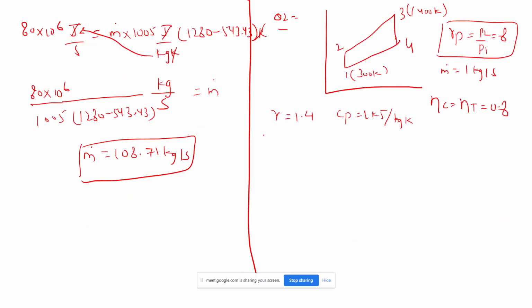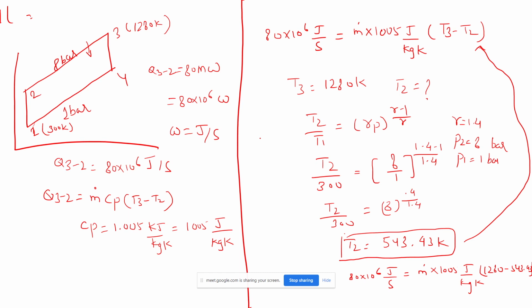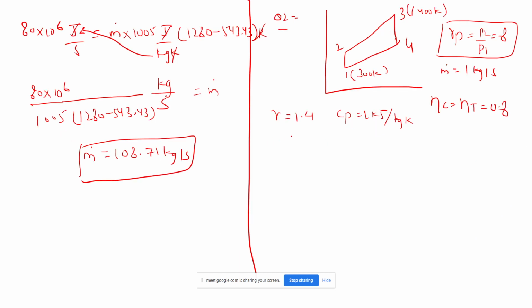So they have asked for the power required by the compressor, and second, the efficiency of the cycle. Let us solve the second part first.